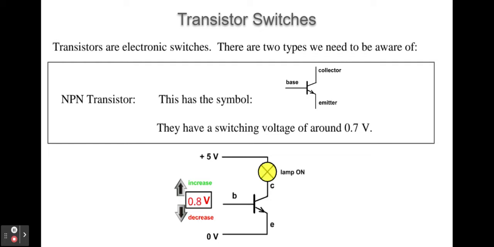And the switching voltage tells us what voltage between the base and the emitter will turn that transistor on. So here we can see a device that causes that lamp to turn on when the voltage is above 0.7 volts and turn off when the voltage between the base and the emitter goes below 0.7 volts.